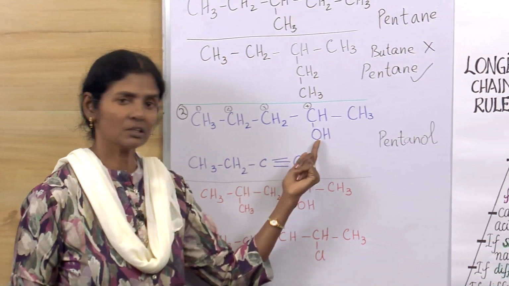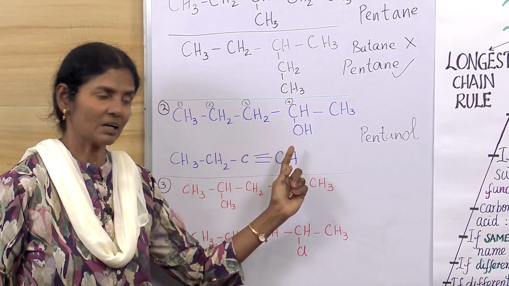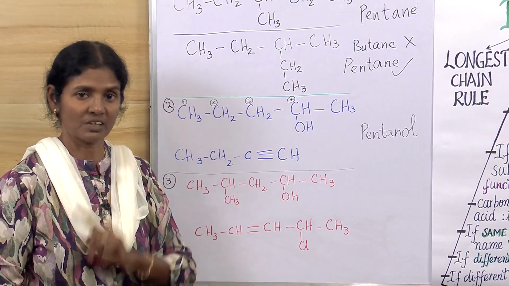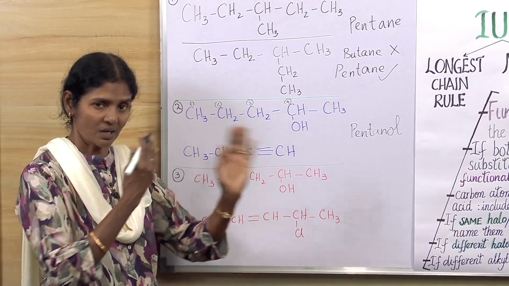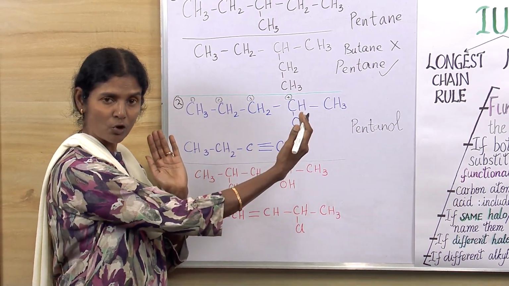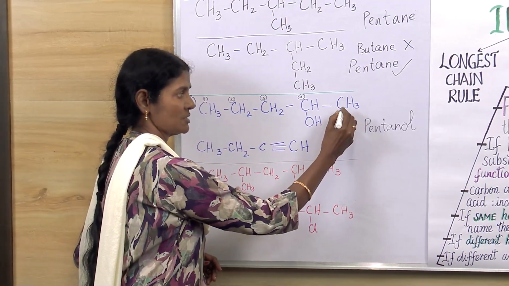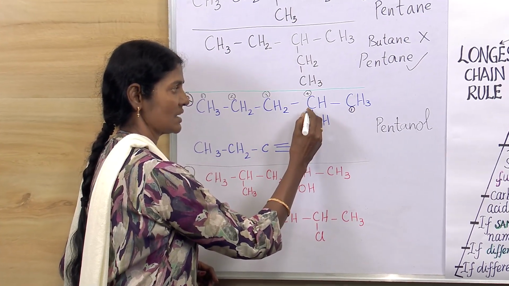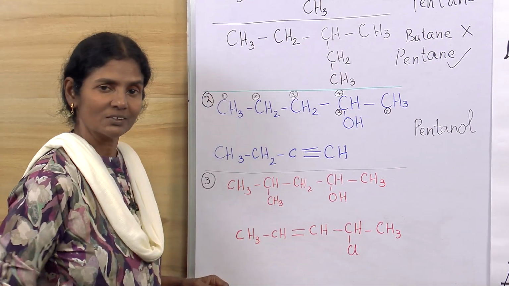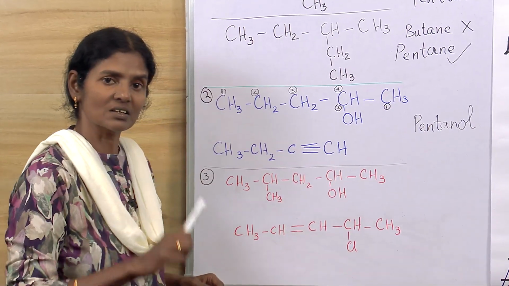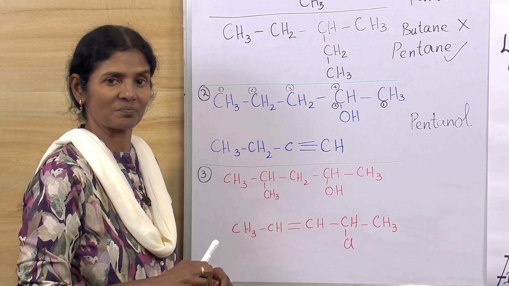So, the alcohol group is attached to the 4th carbon atom. That is one possibility. The other possibility is to count from right to left. So, this is the first carbon atom, this is the second carbon atom. So, the alcohol group is present in the second carbon atom.